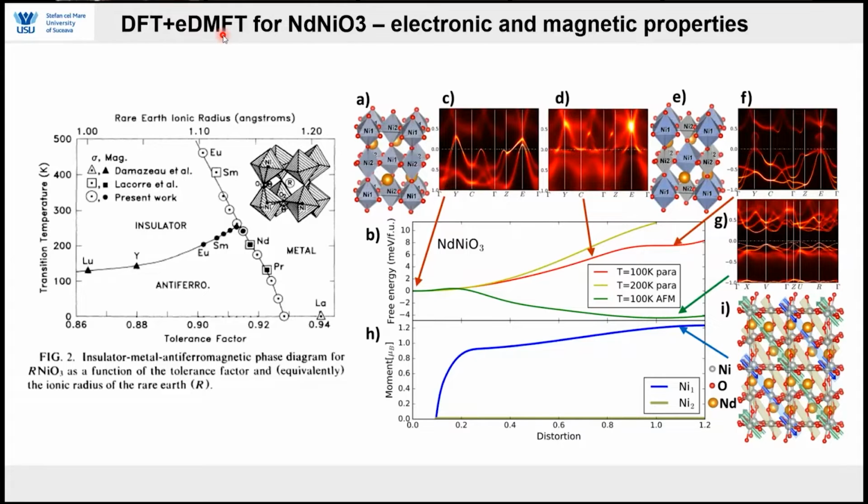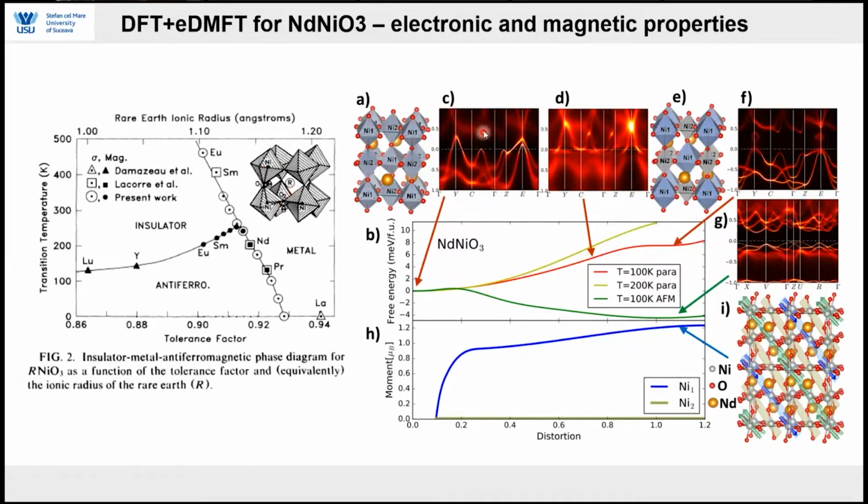DMFT is the only method which can properly describe this moving arrow. If you go to what we call non-magnetic DFT calculations, on site you have zero magnetic moment. So there is no arrow fluctuating; the arrow doesn't exist. So DMFT is the only method which can explain this paramagnetic state with a fluctuating moment at finite temperature.